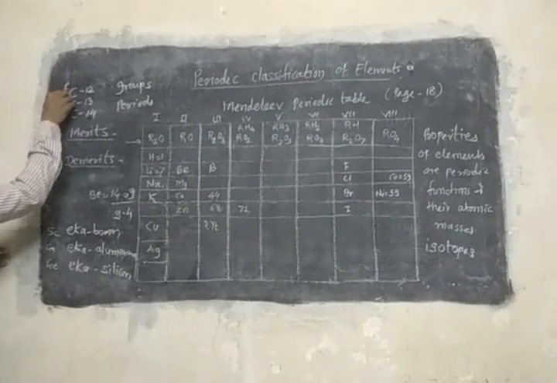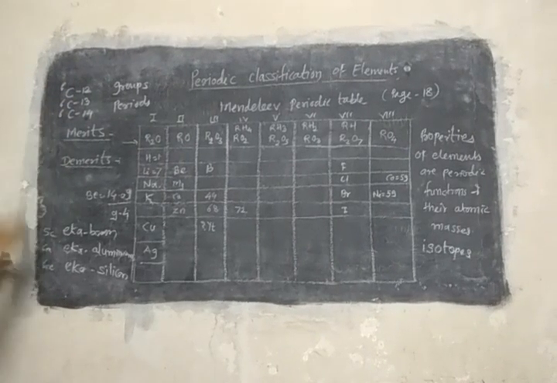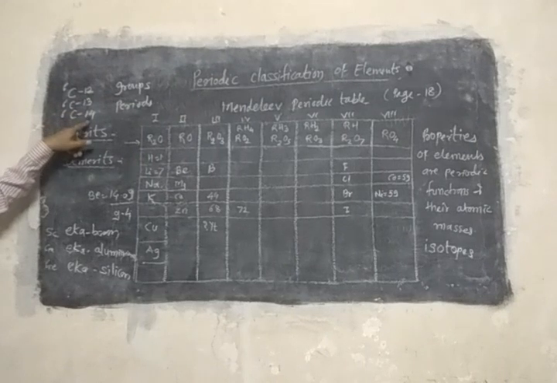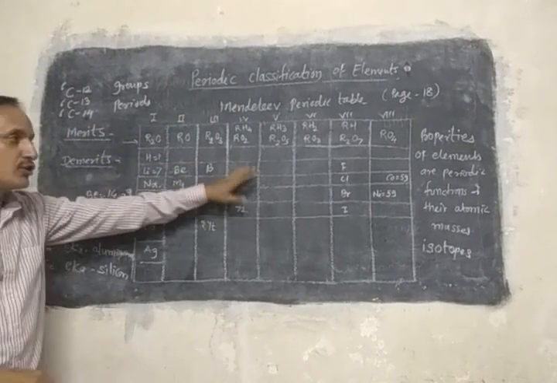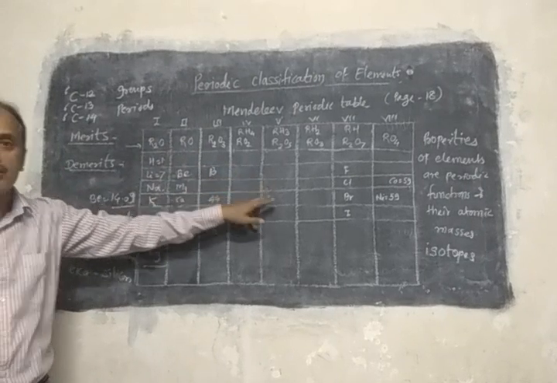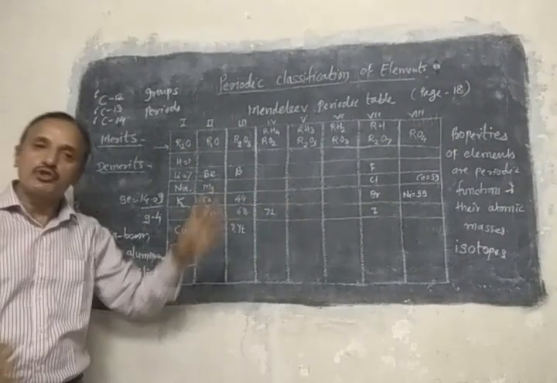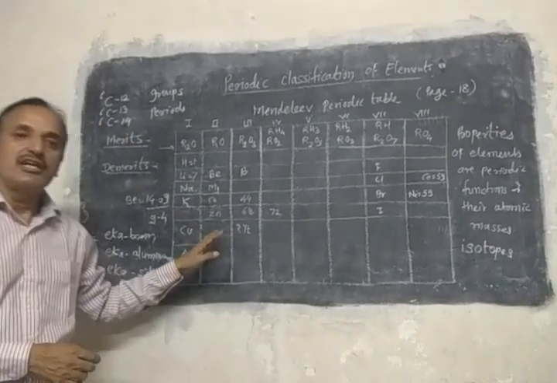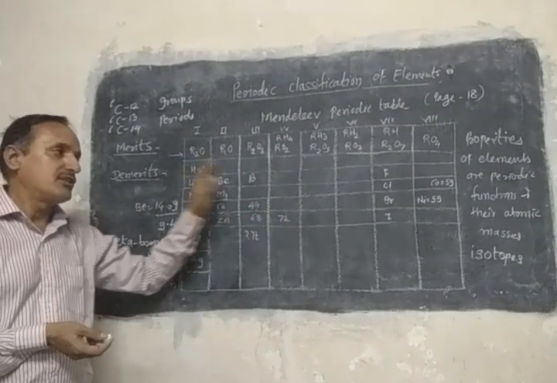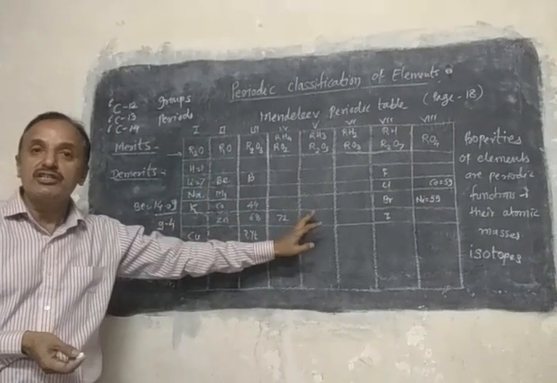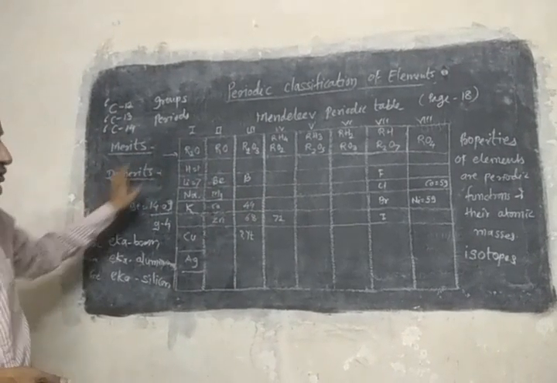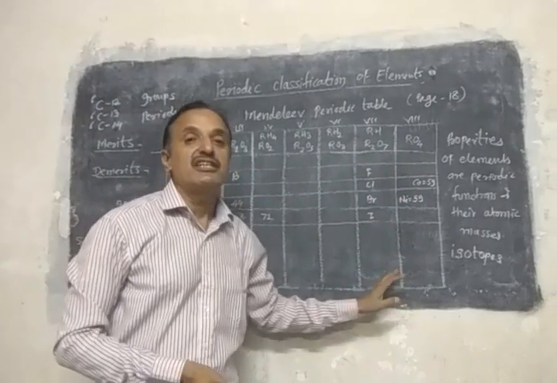Suppose carbon has atomic number 6 and the atomic mass number is different, like 12, 13, 14. As the table is based on atomic mass number, places should be given for carbon 12, carbon 13, carbon 14. Most of the elements have isotopes, so places should be given to the isotopes also. But here the place for the isotope was not given. So because of these drawbacks, this table is discarded.